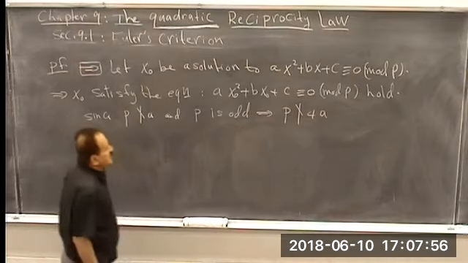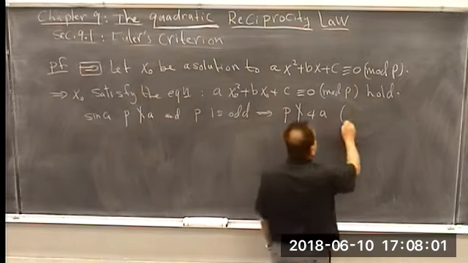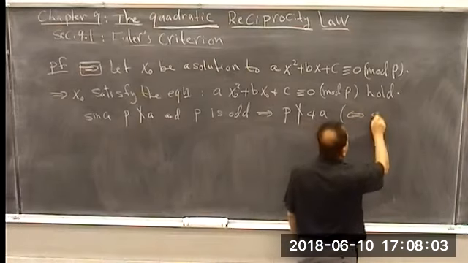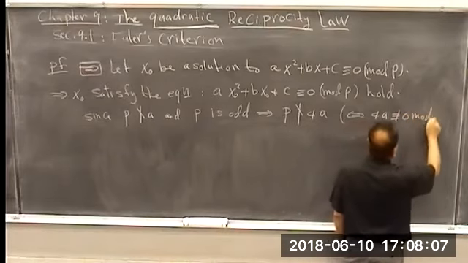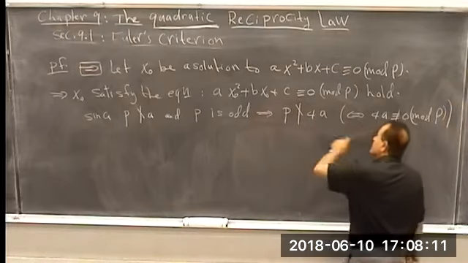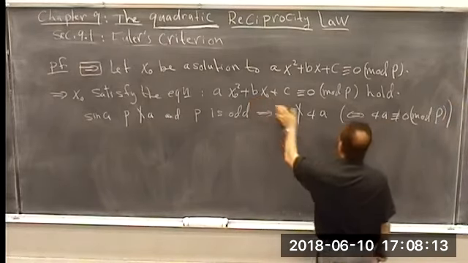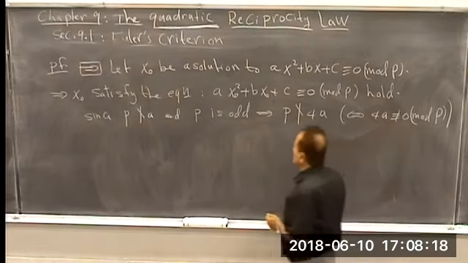So what does this mean? This is equivalent to saying that 4a is not congruent to 0 mod b. Then I'm going to multiply this congruence relation by 4a. It's like I'm not multiplying by 0. That's the significance of this.